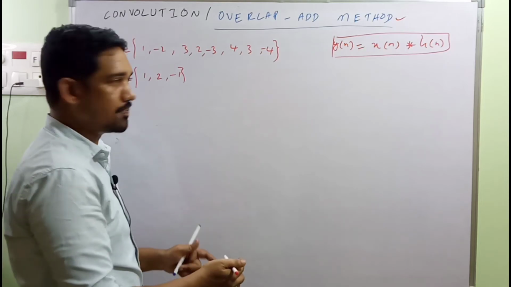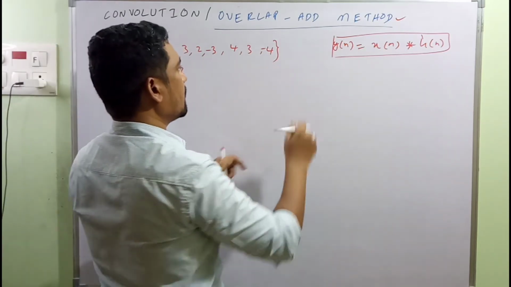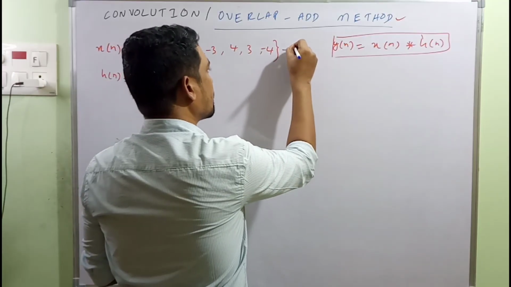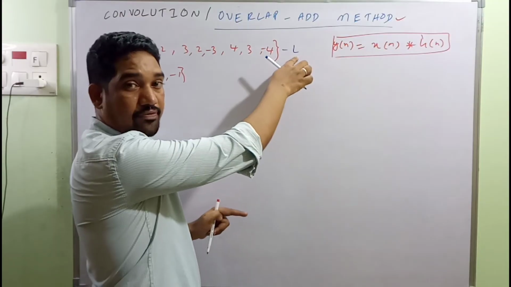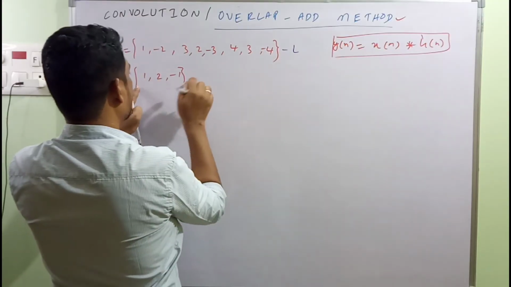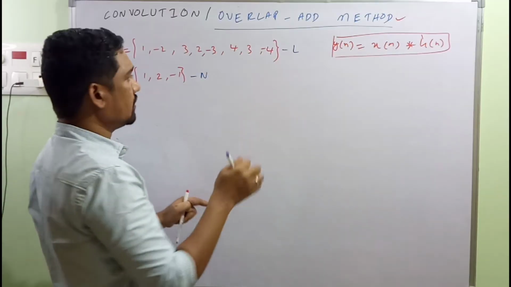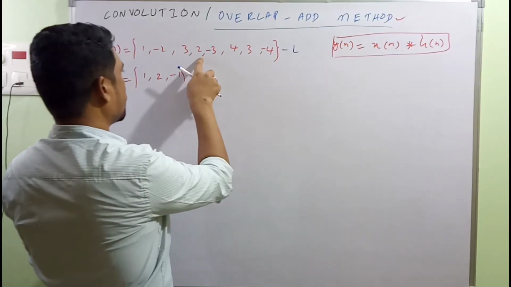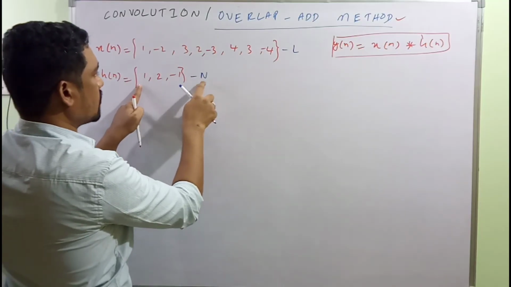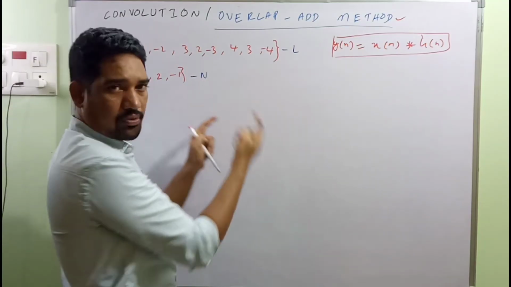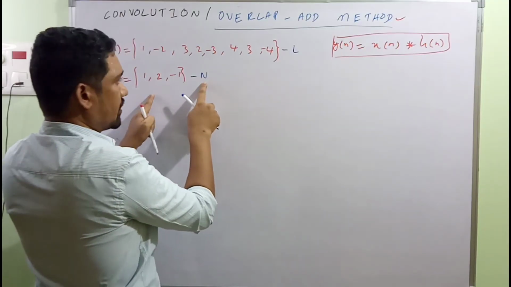Let the length of the longer sequence be L and the length of the shorter sequence be N. The longer sequence x of n should be truncated to blocks of this length, and we need to pad some zeros, the amount depending upon the N value.